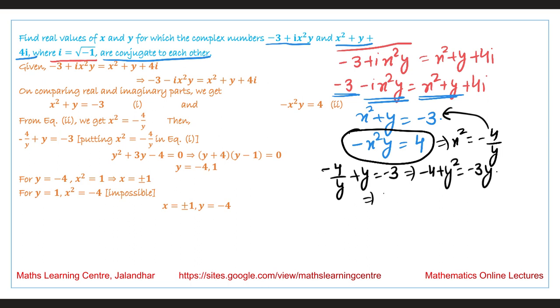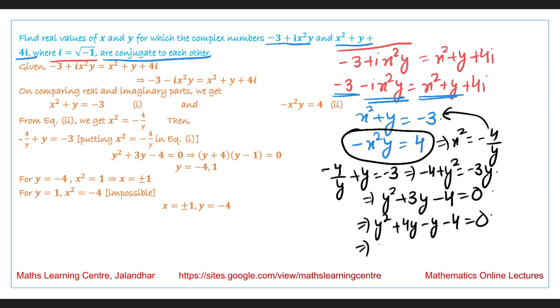So y square plus 3y minus 4 is equal to 0. On solving this quadratic equation, we get y square plus 4y minus y minus 4 is equal to 0. So this implies y into y plus 4 minus 1 into y plus 4 is equal to 0. So we get y is equal to 1 and minus 4.